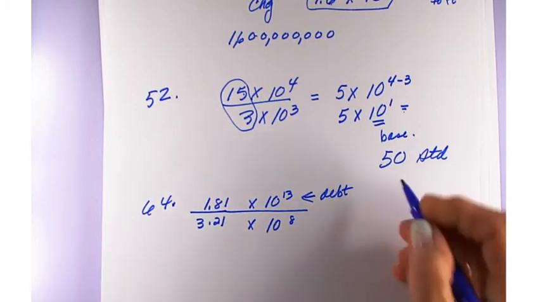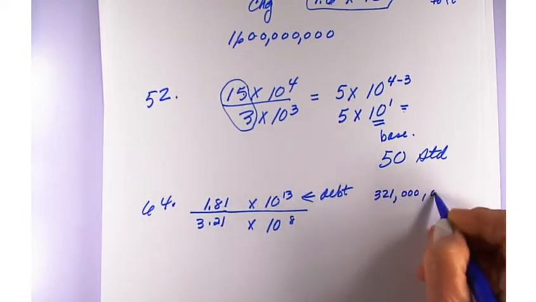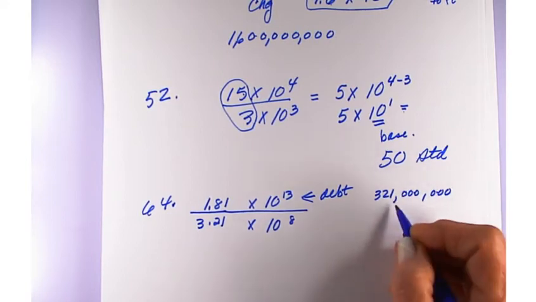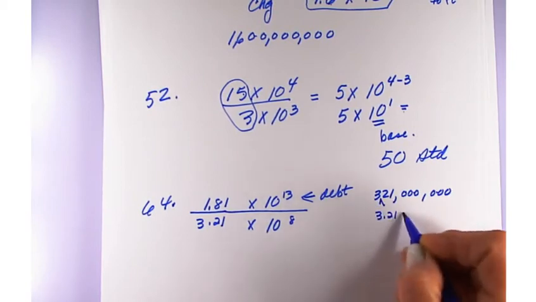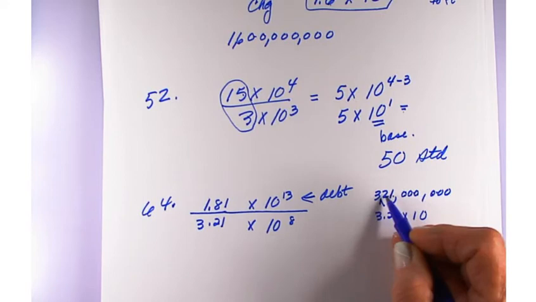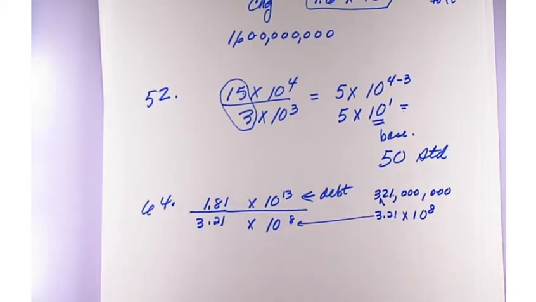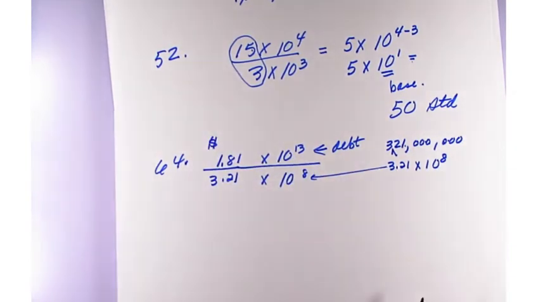So 321 million: hundreds, thousands, millions. So to go to scientific notation, I put my caret here. To get my exponent, 3, 4, 5, 6, 7, 8. And that's how I got that denominator. So we're dividing dollars by people here to find out how much each person got.